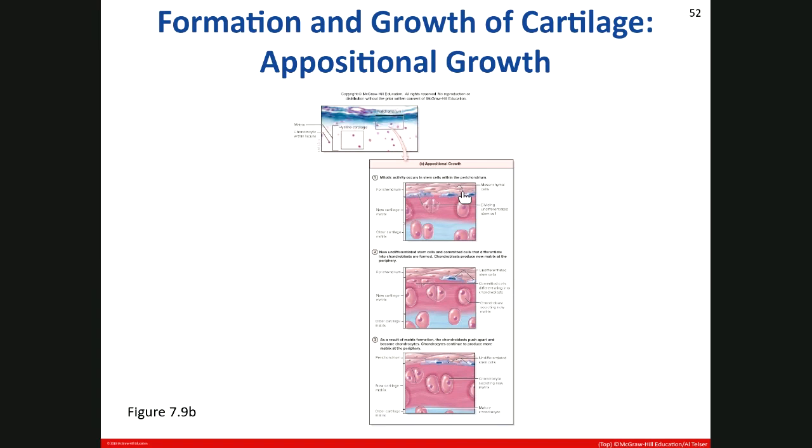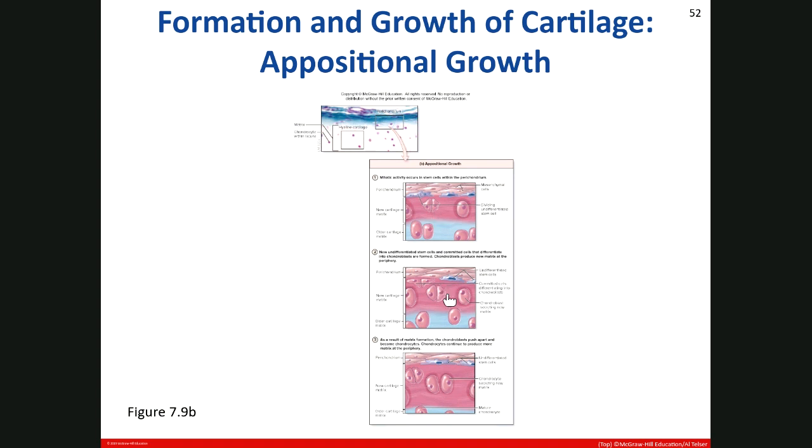In the perichondrium, we have some mesenchymal cells, which are stem cells. They do mitotic division, and by mitotic division, they make new cells. Then these new cells differentiate to chondroblasts. The chondroblasts start to make matrix, as you see here.